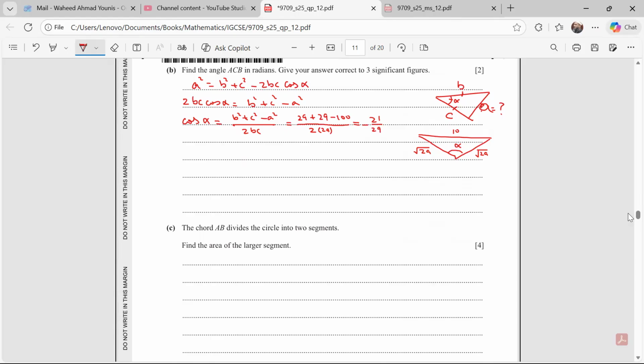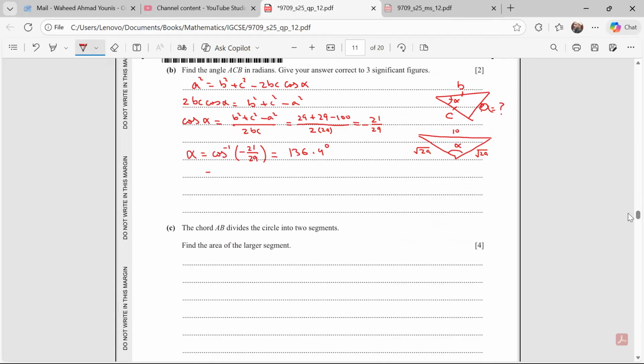And when I do inverse cosine, the alpha is giving me cos inverse negative 21 over 29. So it gives us 136.4 degrees.